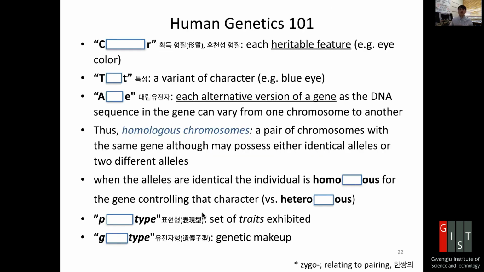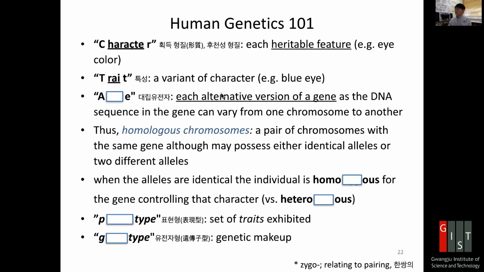So I want to summarize genetics terminology, which is important for understanding the rest of the class. Each heritable feature, such as eye color or hair color, we call a character. And that character can have variants. For example, eye color: I have a brown eye color, some people have a blue eye color, and those we call a trait.